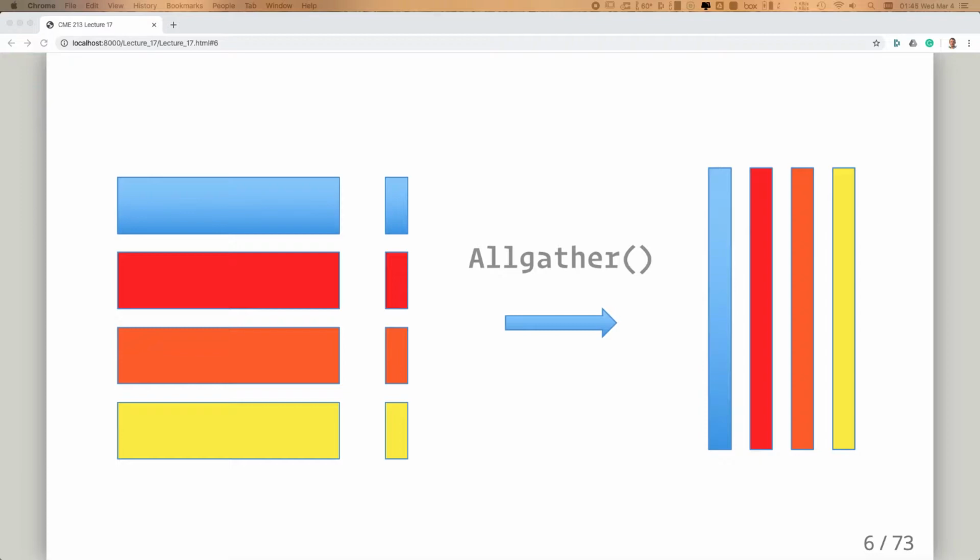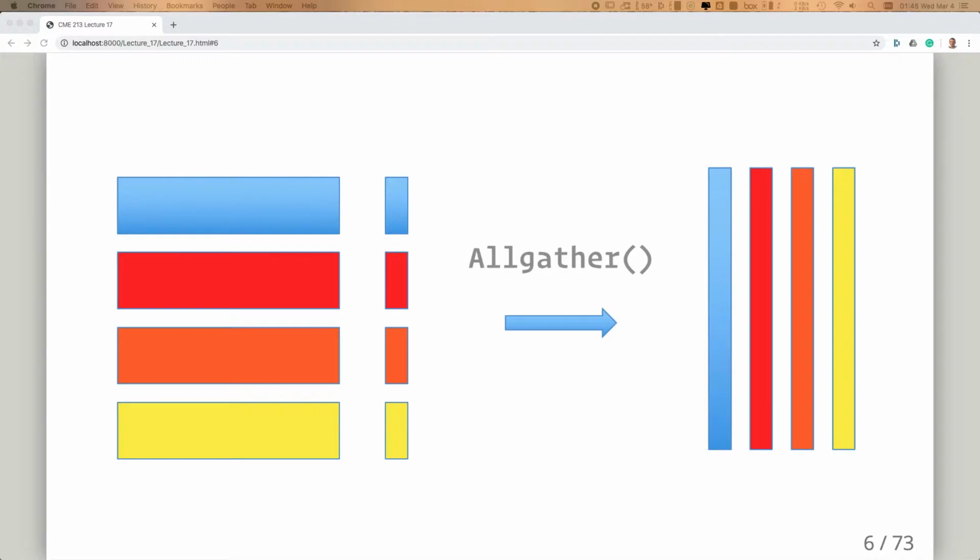For the vector there's really only one way to distribute it, so this is natural. Now you want to do A times b. Let's take the blue process. The blue process actually cannot do the multiplication because it has only a little bit of the vector, but it needs the other entries in b.